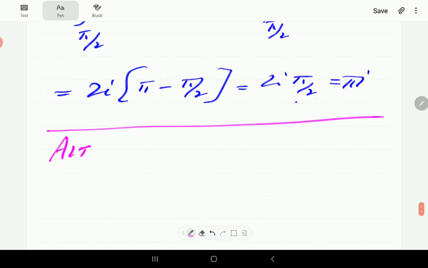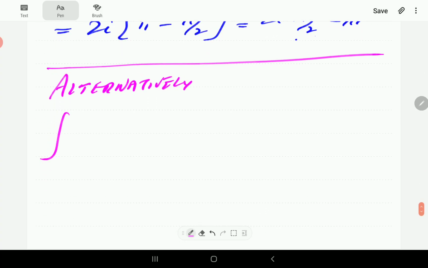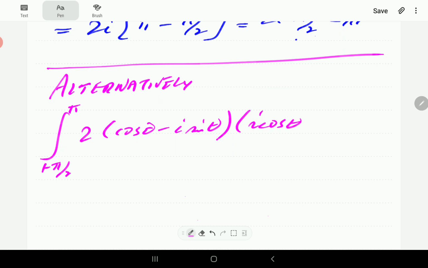Let's say alternatively, if we start with the integral from pi on 2 to pi of 2 times cosine theta minus i sine theta, and then on this side we've got i cosine theta minus sine theta d theta.